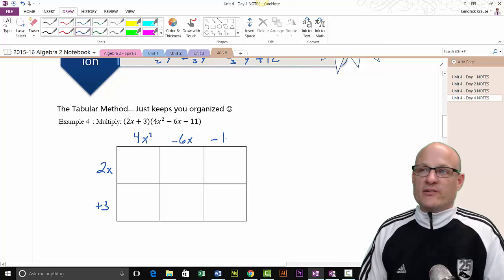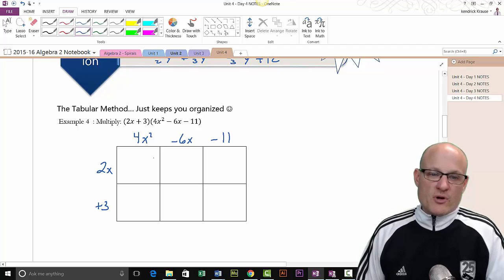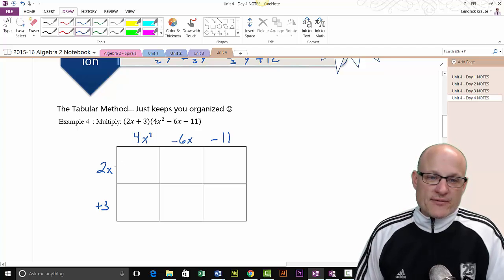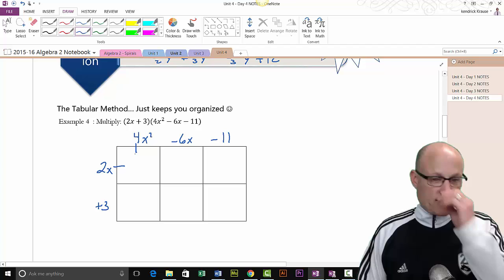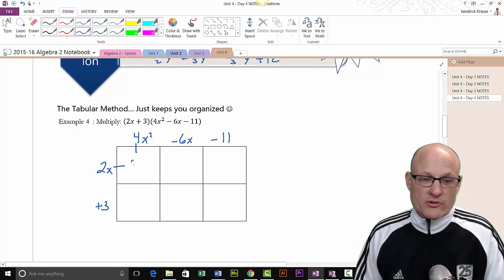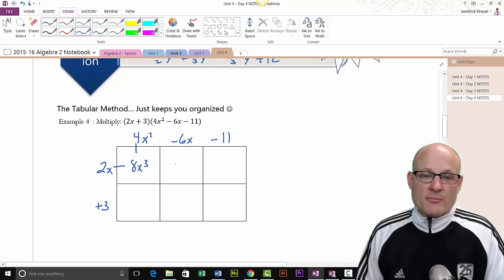So each one of these is a result of multiplying. So if I go to this box, it's 2x times 4x squared, which is 8x cubed. And then 2x times negative 6x is negative 12x.